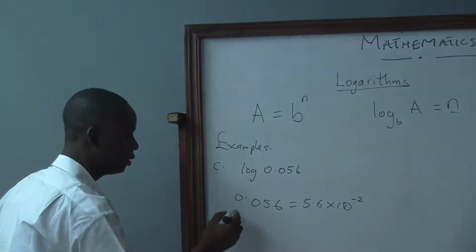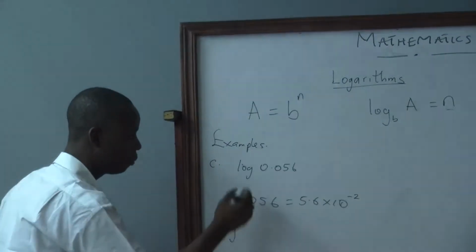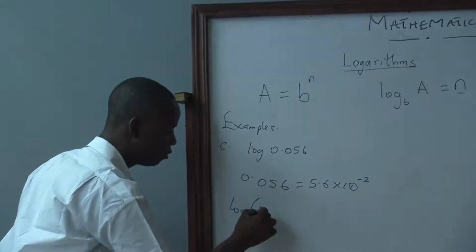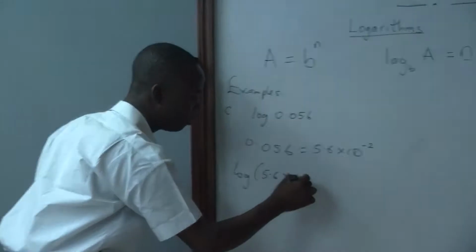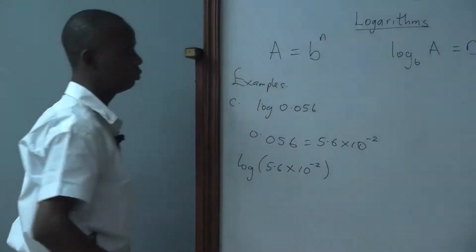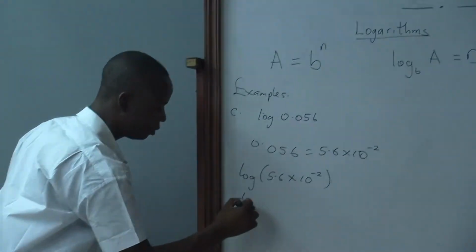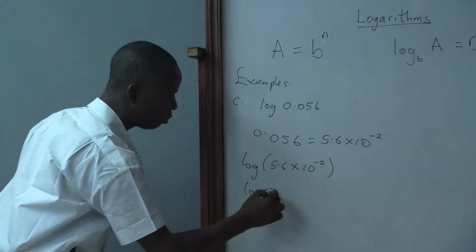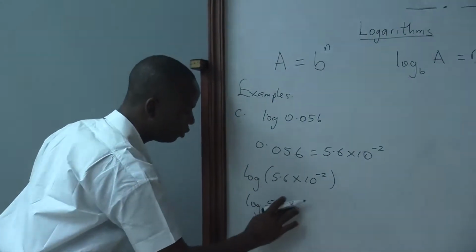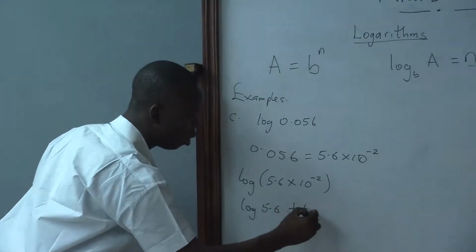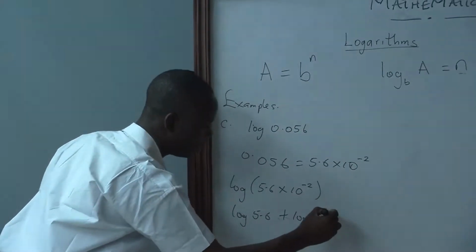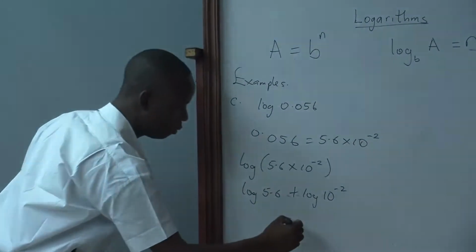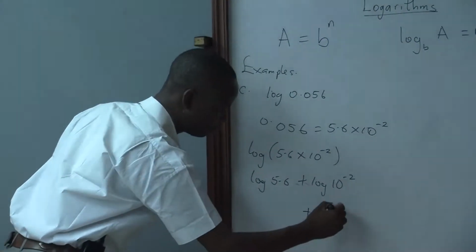So we can say log 0.056 is log of 5.6 times 10 raised to the power of negative 2. Using the law of logarithm, this becomes log 5.6 plus log 10 raised to the power of negative 2. We know this to be minus 2.